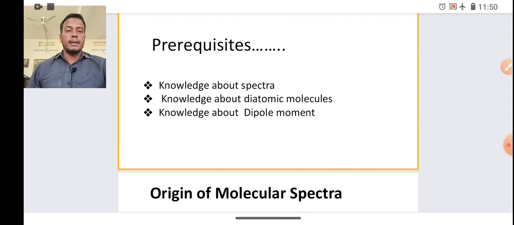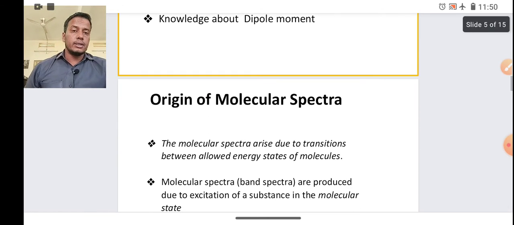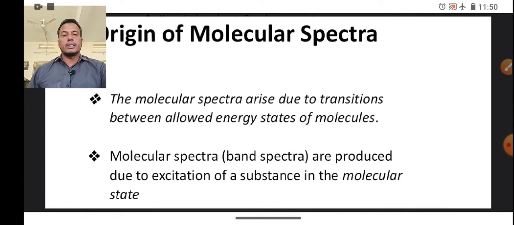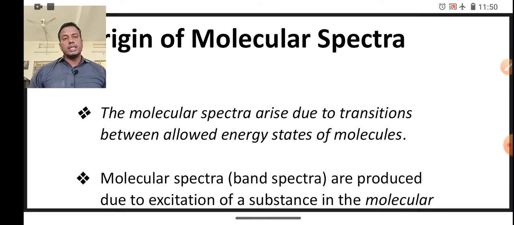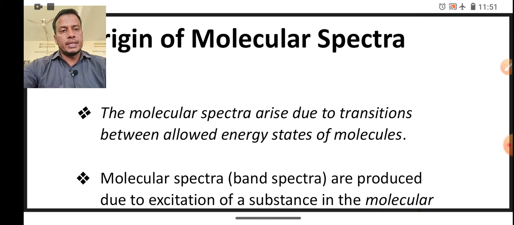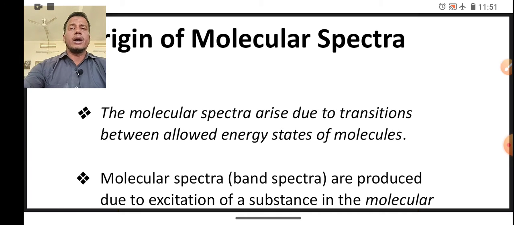As we move further, what about molecular spectra, and how does it originate? Molecular spectra arise due to transitions between allowed energy levels. So they are allowed energy levels, hence they produce the molecular spectra.